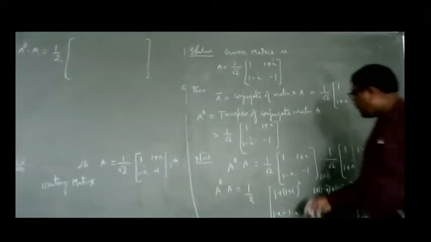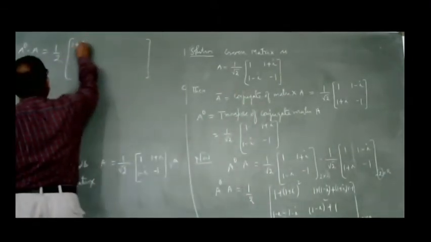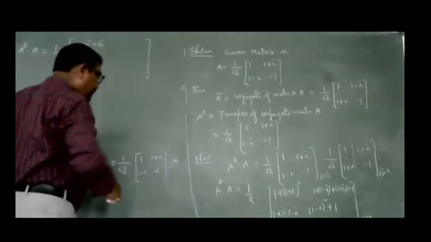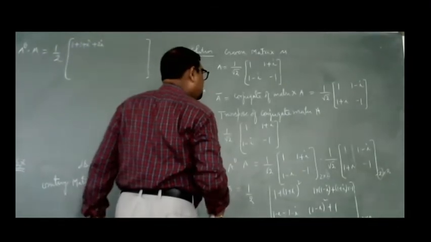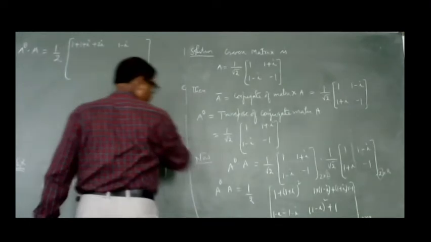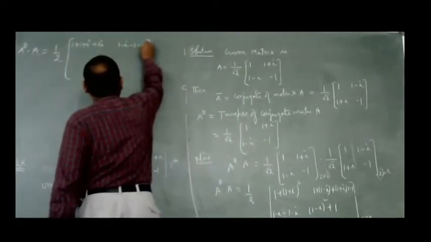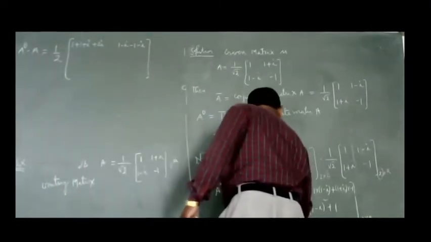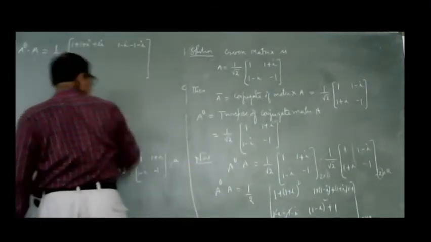After simplifying this, you can get 1 plus 1 plus i squared plus 2i. And here is 1 minus i plus minus 1 minus i, which is minus 2i. Minus 2i.